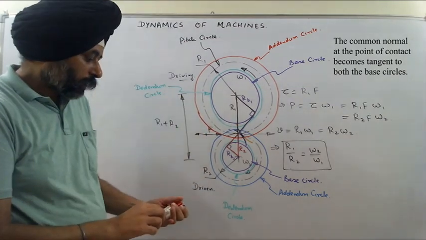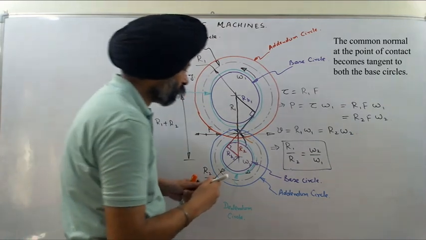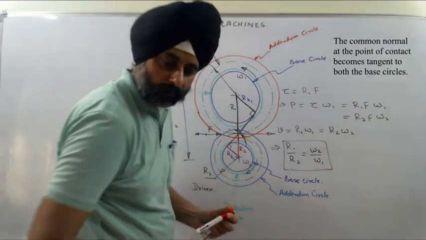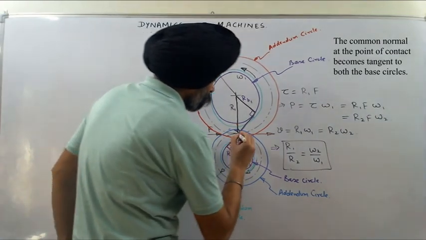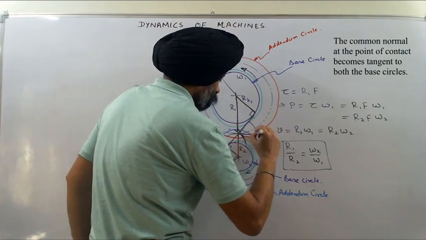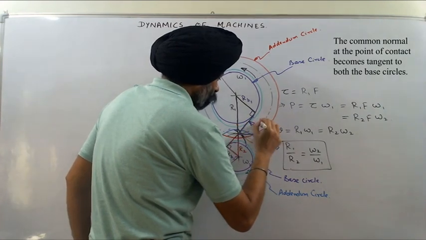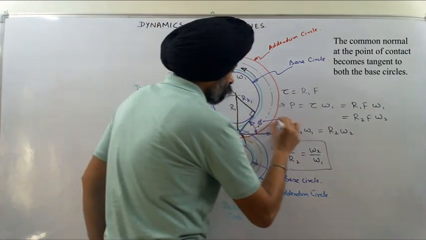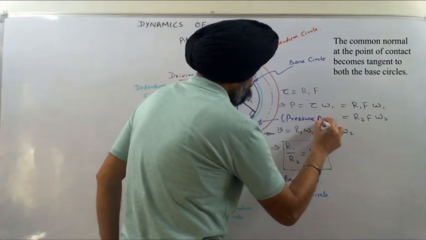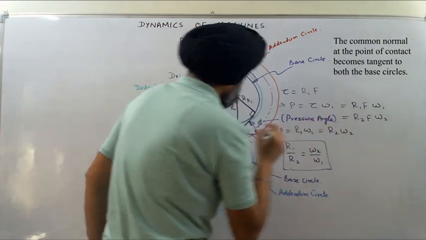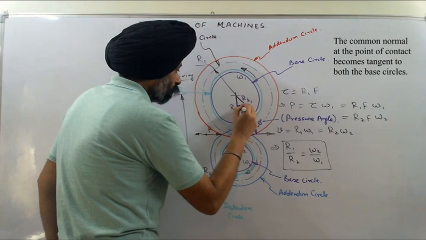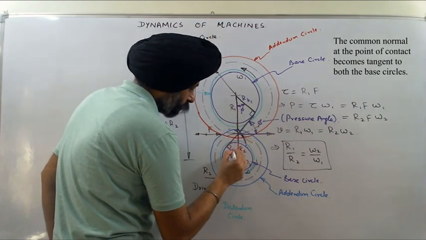Now, if we term this angle as phi, this is the pressure angle. This angle will also work out to be phi, and so would be this one.